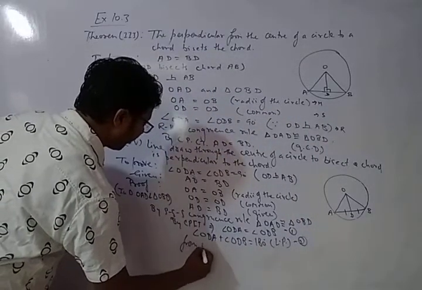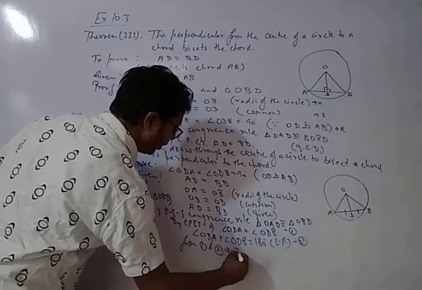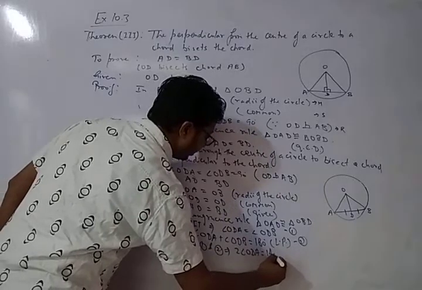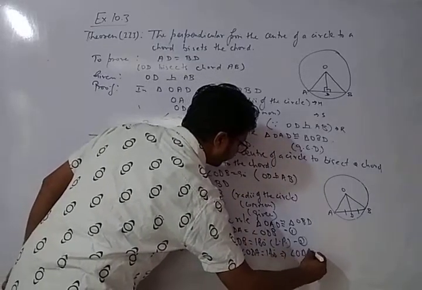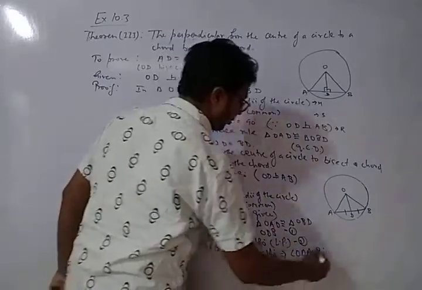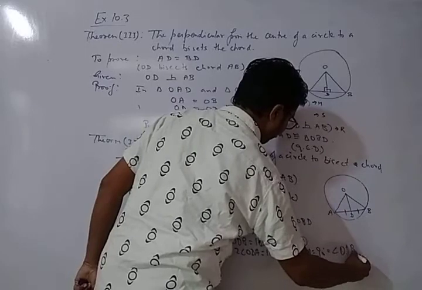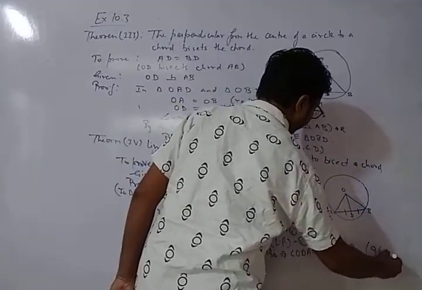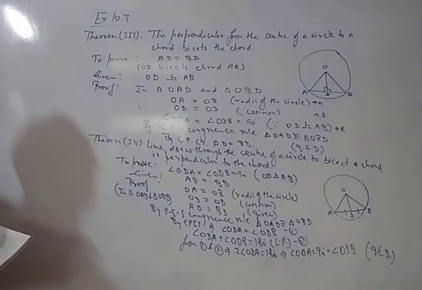From first and second, we can say twice of angle ODA, कितना हो जाएगा, 180 degrees, and angle ODA equals 90 degrees equals angle ODB. That only we have to demonstrate.